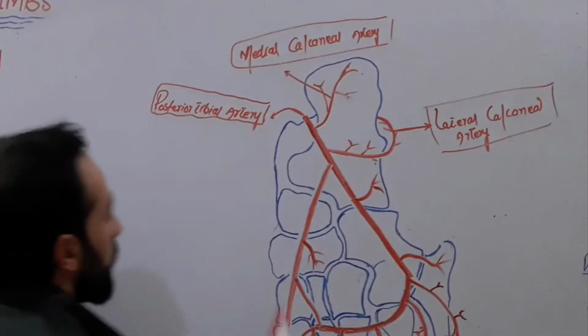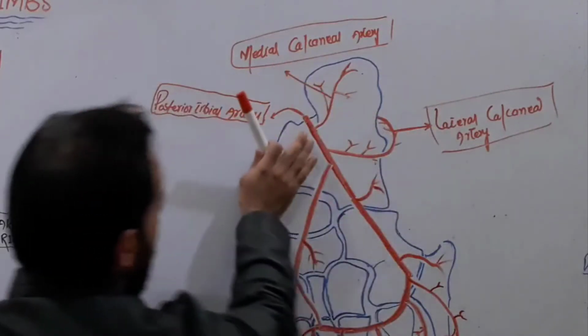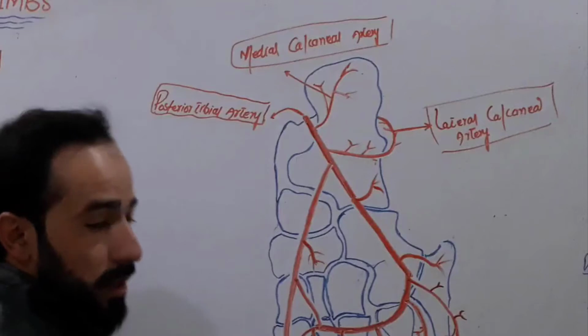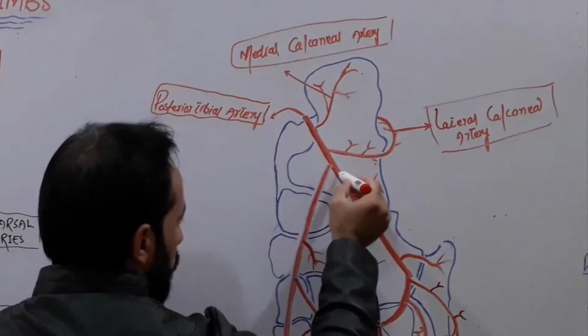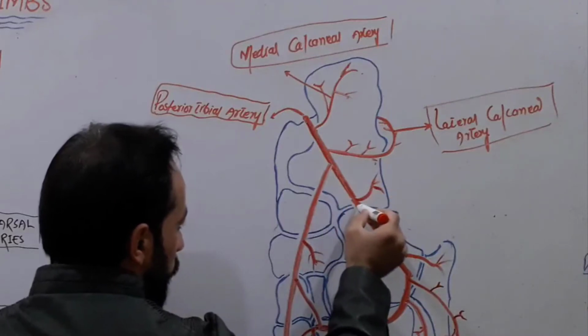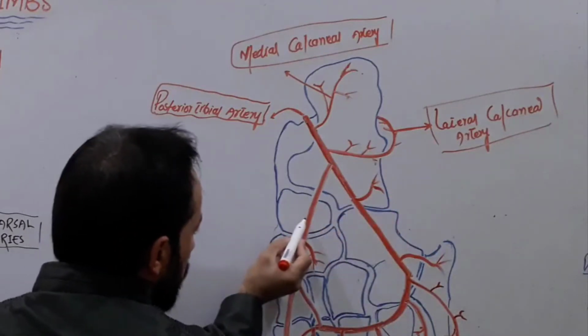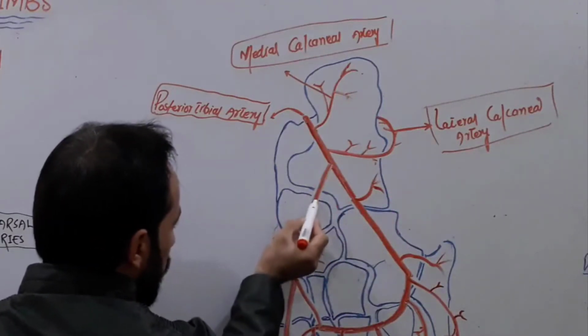We have discussed them. So the medial and lateral calcaneal arteries are the branches of the posterior tibial artery. Then the posterior tibial artery further comes to the dorsum of the foot, and it gives a branch, this one.